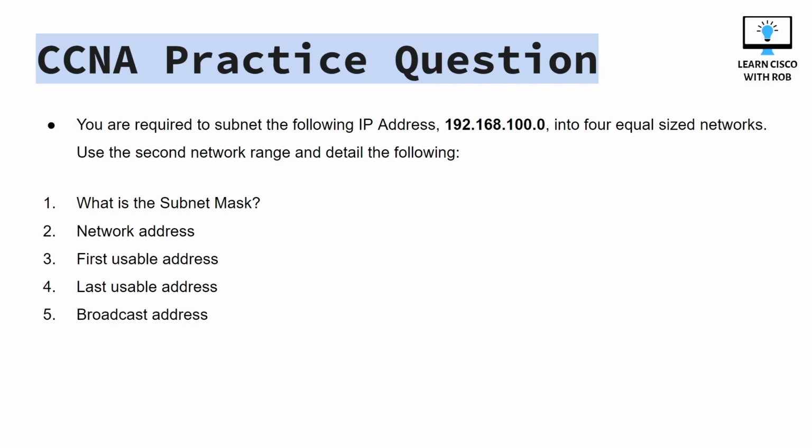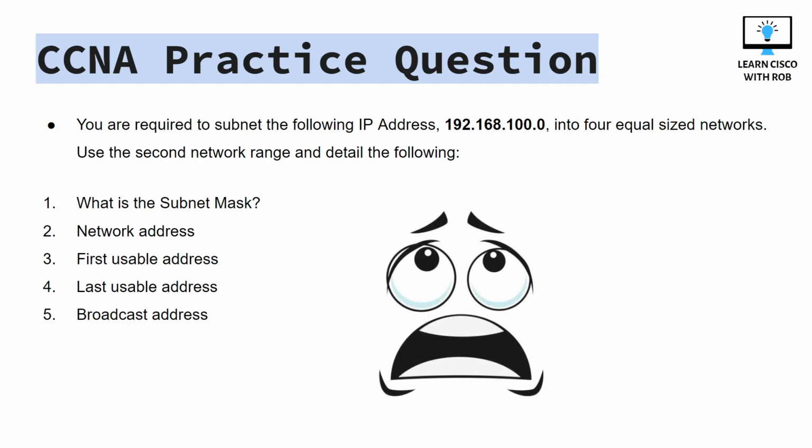What is the subnet mask that's going to be used, the network address, the first usable address, the last usable address, and the broadcast address. And I know what you guys are thinking, you really don't want to be this guy, so what we're going to do is I will walk you through each step and break each part down.